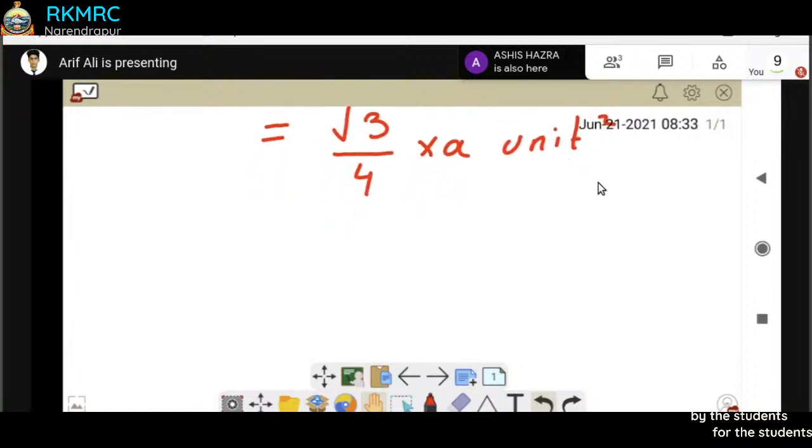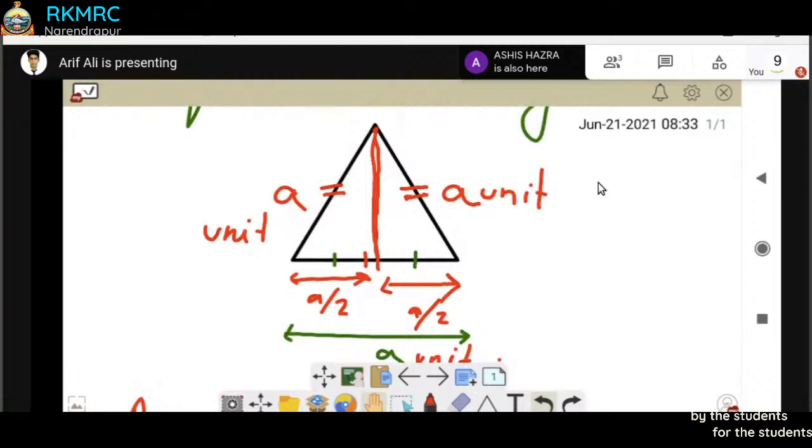And if you are asked to calculate this height, this is your height h.